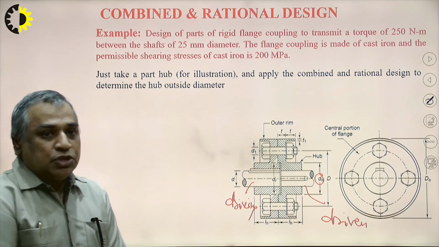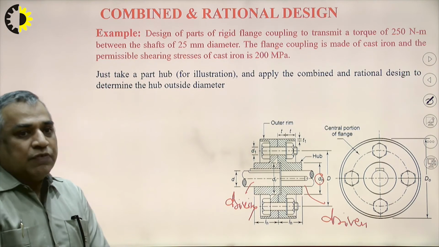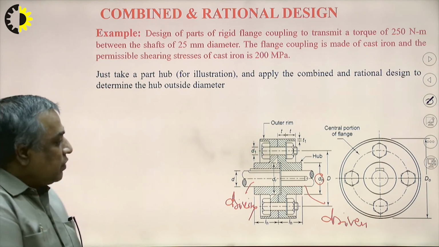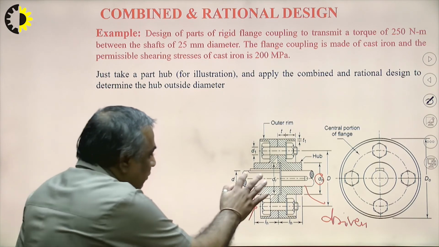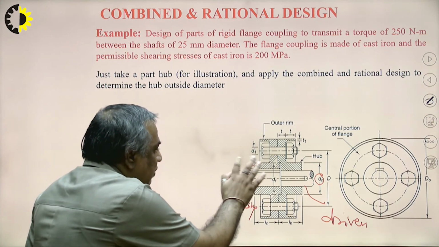So this is an assumption: there is no loss in transmission of power from the driving to the driven shaft. Whatever power, whatever torque is available here, that torque must be available here.